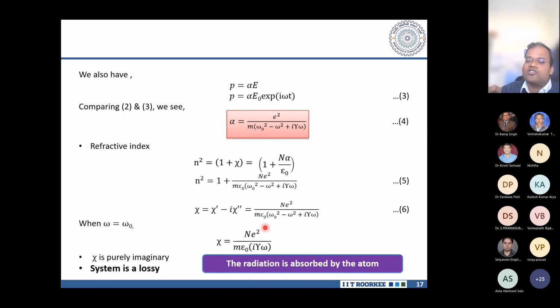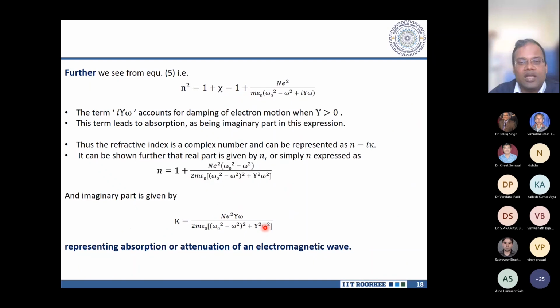So where is the radiation going? The radiation is getting absorbed by the atom. So mathematically we are convinced, and from the energy level pictures also we are convinced, that the systems can be lossy. Further from there you can do manipulation, etc. So the idea here is to show that the effective index has a real part as well as an imaginary part.